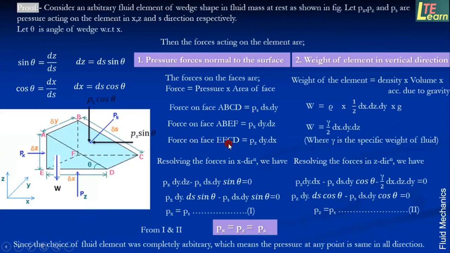And the third force, which is acting in a vertical way along the z direction, will be the intensity of pressure Pz multiplied by the horizontal plane area, that is dy into dx. So this is the dy side multiplied by the other horizontal side, dx.